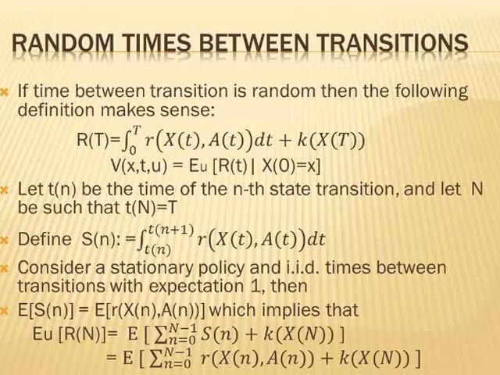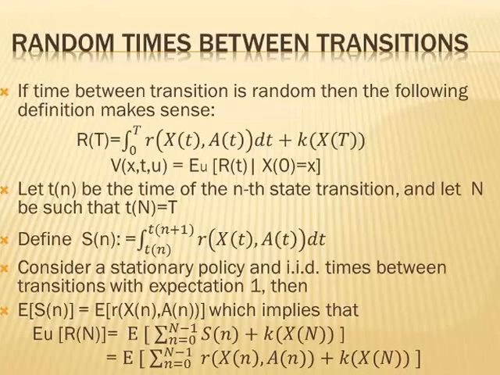Now, if the expected transition time were 1 for all states and actions used, then we would get the same expression as before for the expected total reward. So the summation over these integral costs from one transition to another, over all capital N transitions, is just equal to the summation of the rewards at the transition instants in expectation.